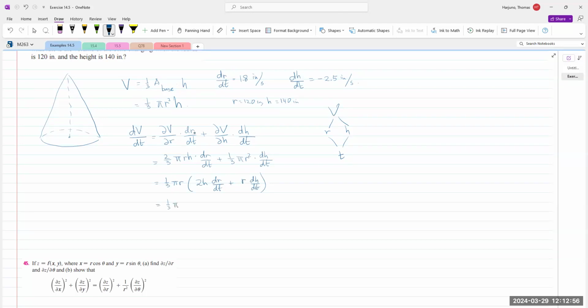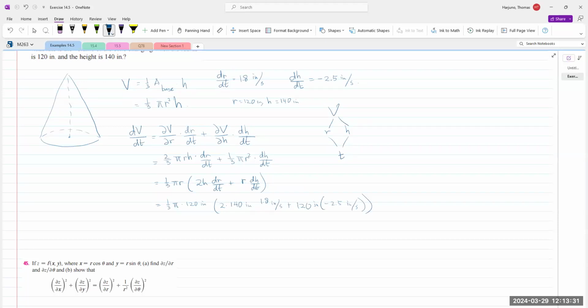And then from there I plug in numbers. The r is 120. Let's keep the units so that you can see why we have the change of volume over time. This is inches, 2 times 140 inches, and then dr/dt is 1.8 inches per second, plus r is 120, dh/dt is negative 2.5 inches per second.